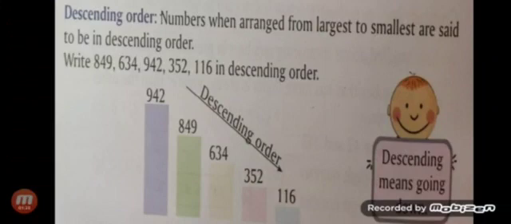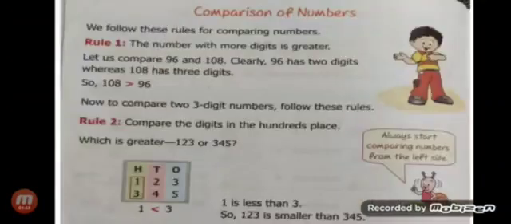A few numbers are given to you, and to arrange the numbers in descending order, you write the largest number first and then move on to the smallest one. I hope that ascending and descending order is clear to you, and what is the difference between the two is clear. Okay, now let's move on to comparison of numbers.